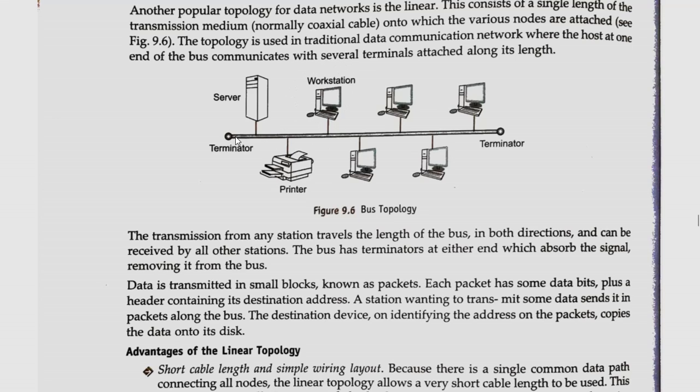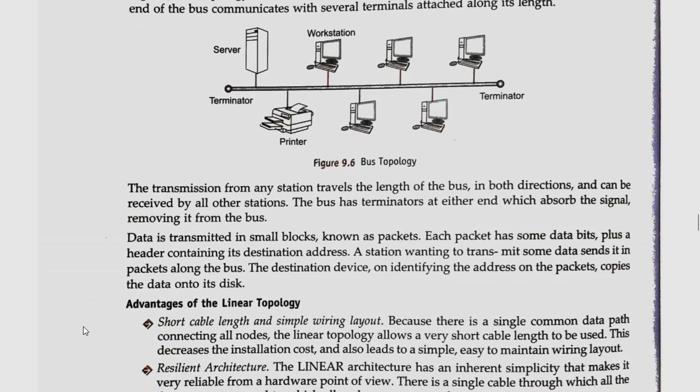The information will travel along this bus and it will have a particular header. Now this workstation will recognize that it is my own address, so it will receive it and copy it onto its own system. In this similar way all other systems are going to get it from this central wire. Now let's see the advantages of the linear topology.